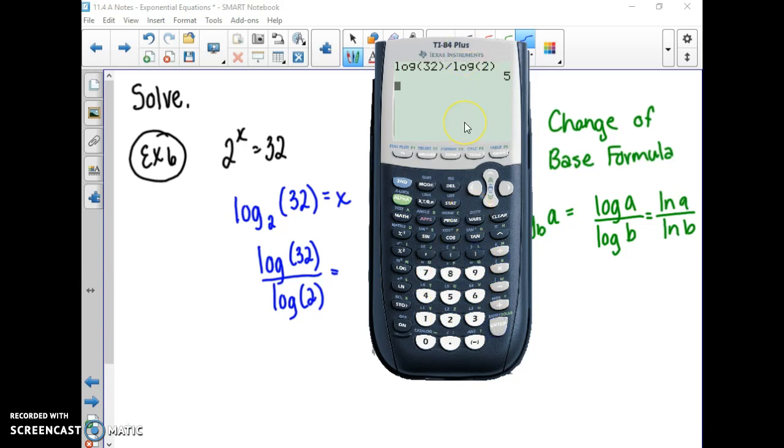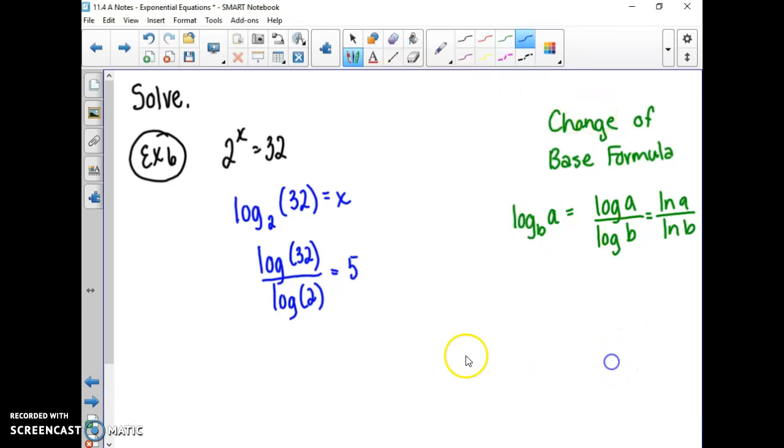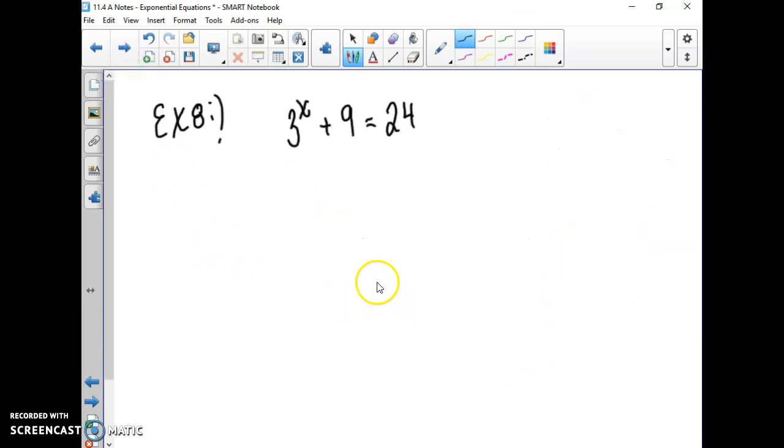And you can see here that we get 5 as our answer. Notice that if I had typed this in with natural logs instead, natural log of 32 divided by natural log of 2, I would also get 5. So you can use either for your change of base formula. So 5 is our answer for this equation.